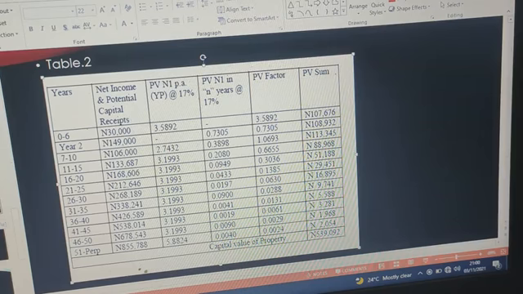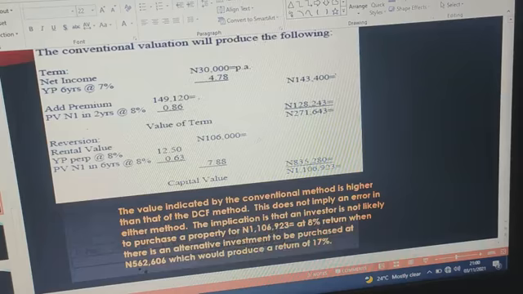Capital value of property N539,092. Adapted from IFDIRA, 1993:477.